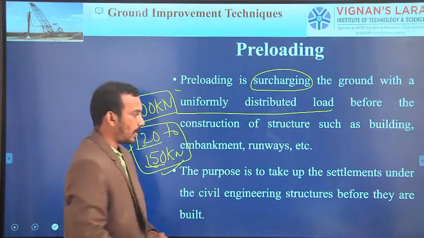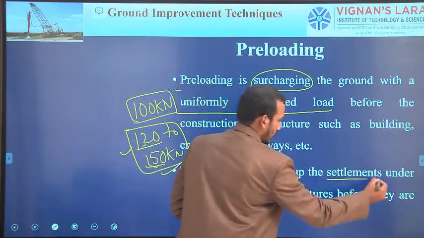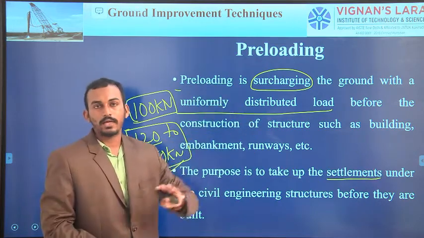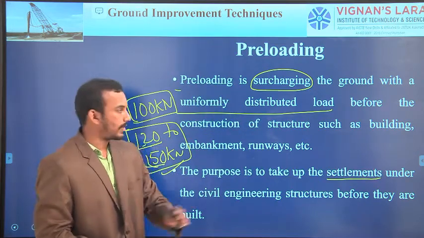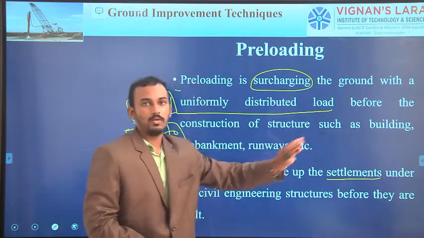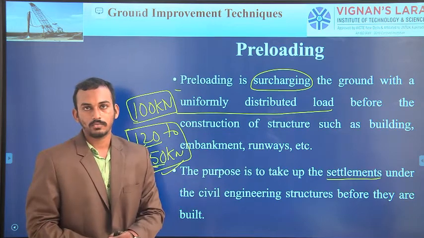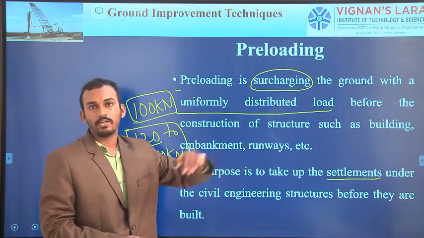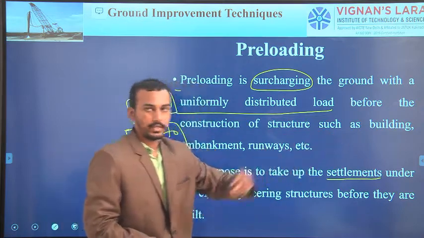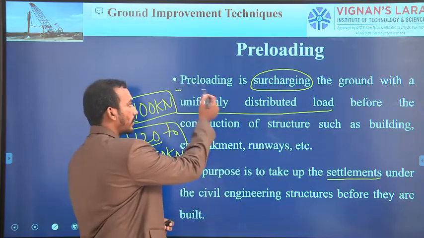As we already discussed, to take up the settlements. For example, we are not applying any preload. We are directly doing the construction work. We directly construct a building on the soil. Because of the building load, the soil settles down, which may lead to the settlement of the building. So in order to prevent the settlement of the original building, we are applying a preloading.